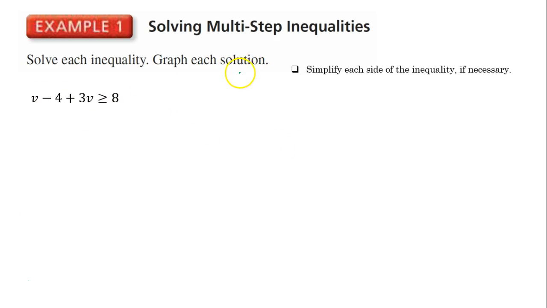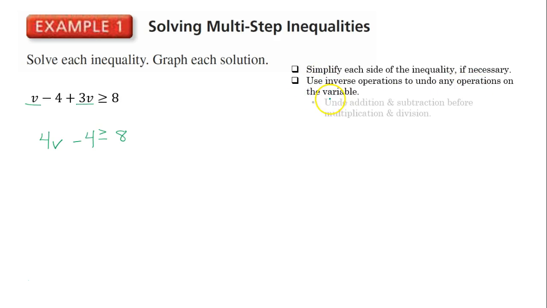So, step 1, simplify each side. Oh, I do have some like terms over here that I can combine. v plus 3 more v's is 4v. So 4v minus 4 greater than or equal to 8. Next, use inverse operations to undo stuff.